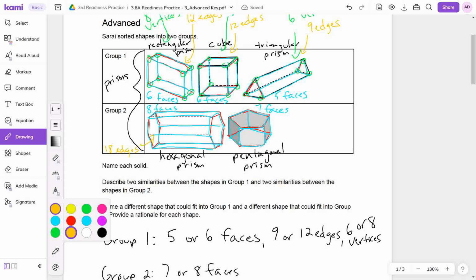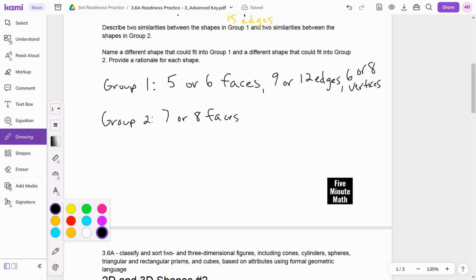And look at my edges on my pentagonal prism. 5 on the one base, 5 on the other base. And then I've got a third set of 5 connecting the 2 bases. So that's going to give me 15 edges. So I can write 15 or 18 edges. That's what's going to fit in group 2.